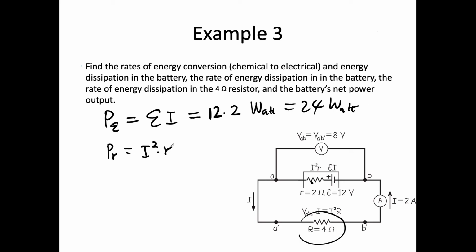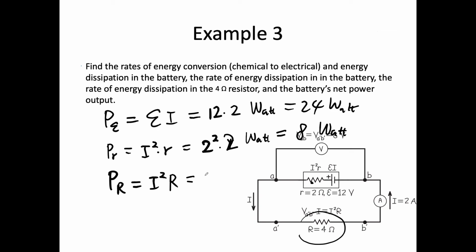I squared times r. I is 2, r is 2, so 8 watts. And the power consumed by the external resistor is 16 watts.